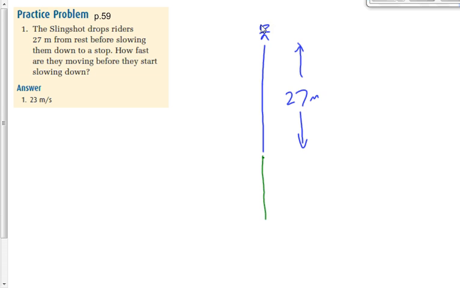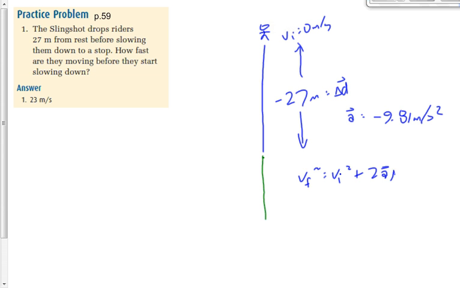Well, we know that it starts at rest, so we're going to say VI is equal to 0. We're going to say the displacement is negative 27, and we're going to say that A is negative 9.81 meters per second squared. Let's say VF squared is equal to VI squared plus 2AD. Now this one's a little bit easier to rearrange because VI is 0, right?